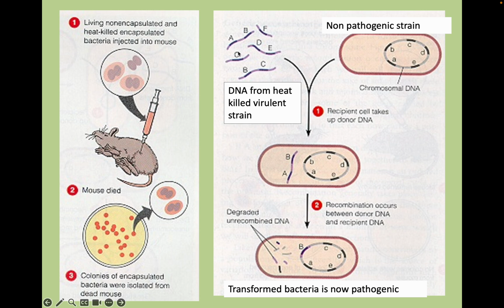DNA from the heat-killed virulent strain was free-floating in the environment. The non-pathogenic strain of bacteria was able to uptake this DNA and incorporate it into its own genome. The recombined chromosome you can see down here has that B gene here for pathogenicity, and the transformed bacteria are now pathogenic and encapsulated.